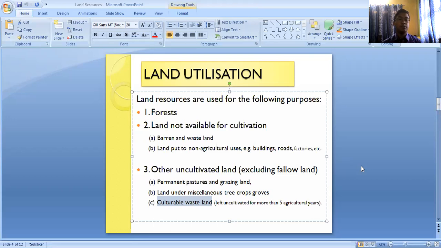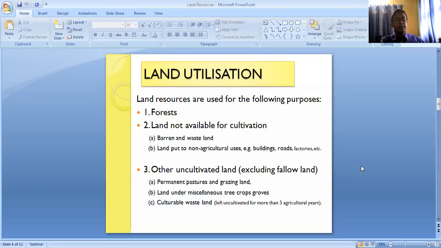So those lands are classified as culturable wasteland. In and around Siliguri also, there are many areas where suburbanization is taking place, and agricultural lands are getting converted into urban areas. You will find many such plots where agriculture was carried out before, but for more than 5 years agriculture is not being done. Those are the culturable wasteland.